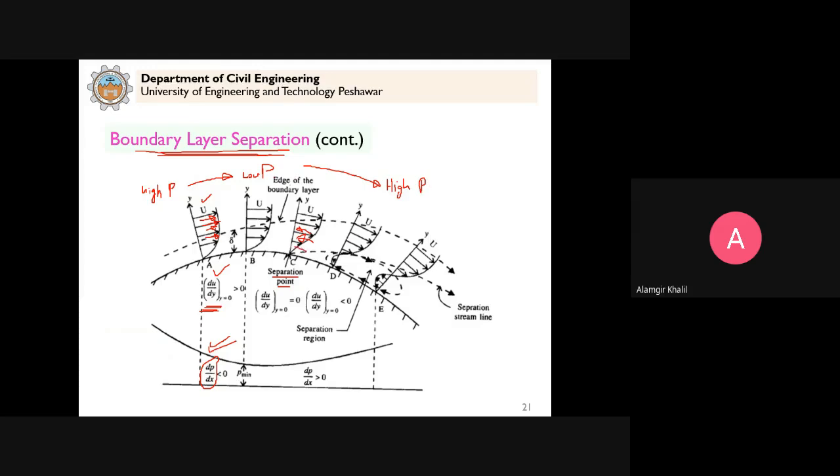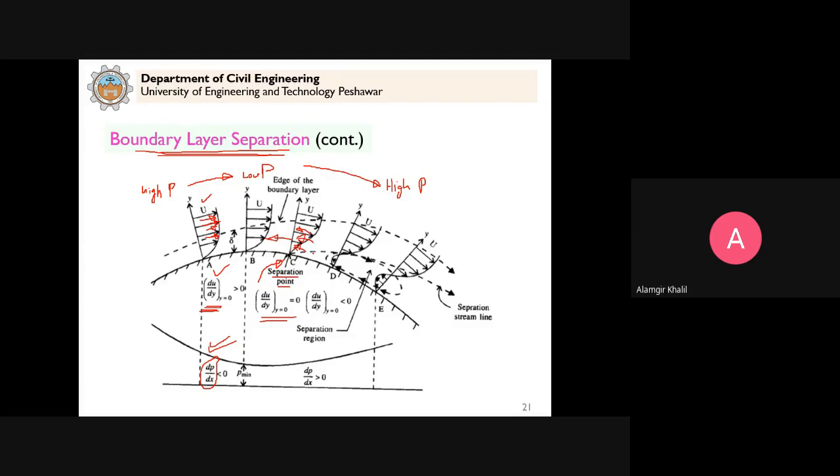So the pressure is pushing the velocity gradient in this direction. You can see the velocity is pushed in this direction. And at this point C, the velocity gradient becomes 0, from greater than 0 to equal to 0.